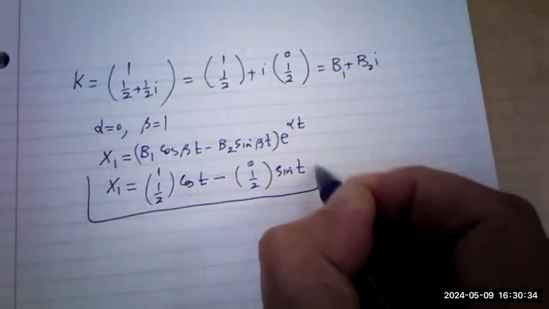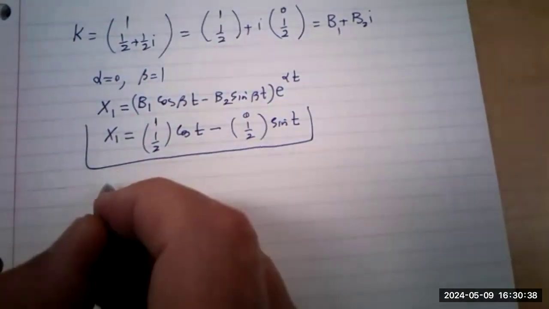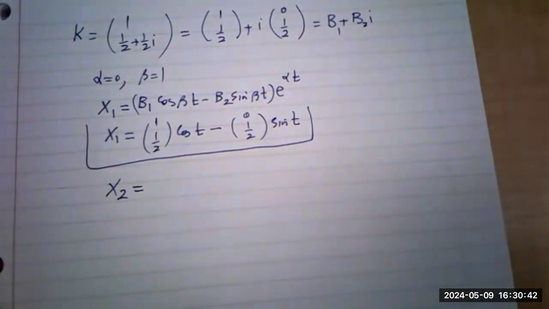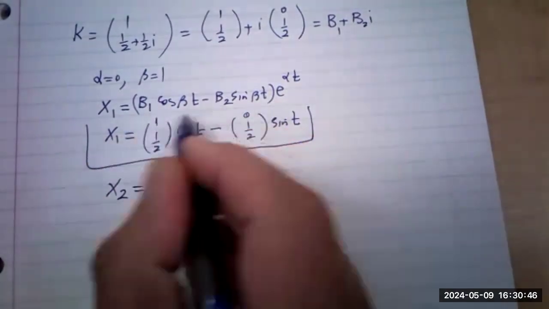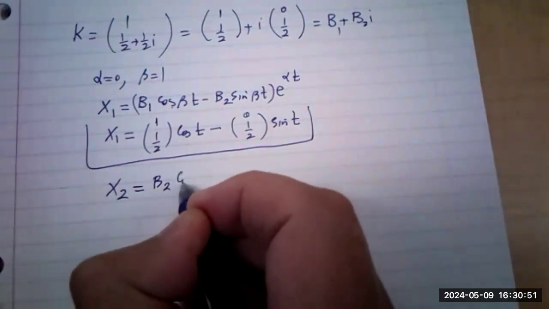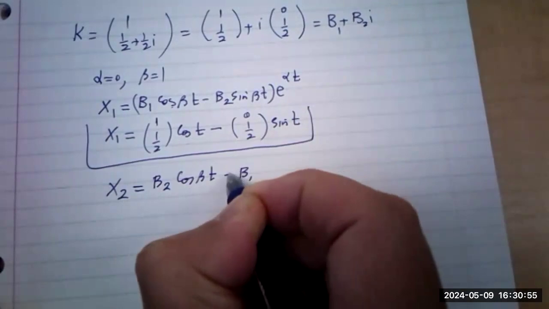So that would be your x1. And for x2, you switch it. For x2, this is going to be b2 cosine of beta t, minus b1 sine of beta t; you can switch this one or the other way around, both of them give the same one.